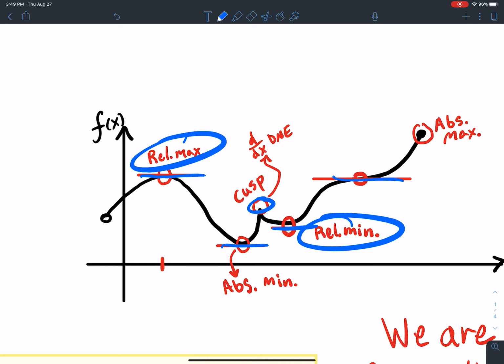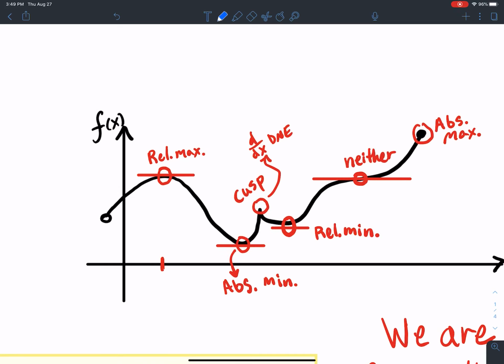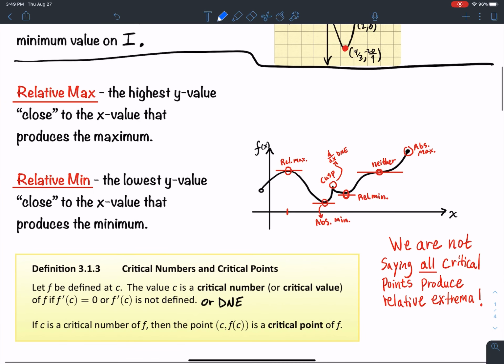Okay? So this scenario here would not be a relative max nor a relative min. So that just illustrates for us that we're not saying that all critical points must be relative extrema. Okay, this is an example of a critical point that is not a relative max or a relative min.